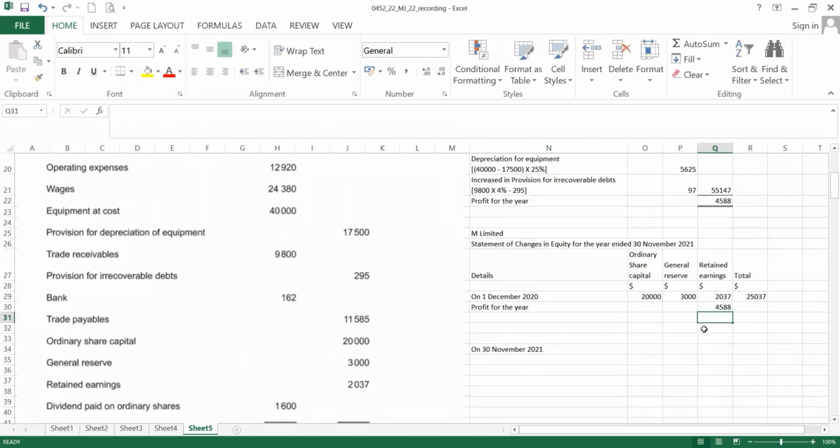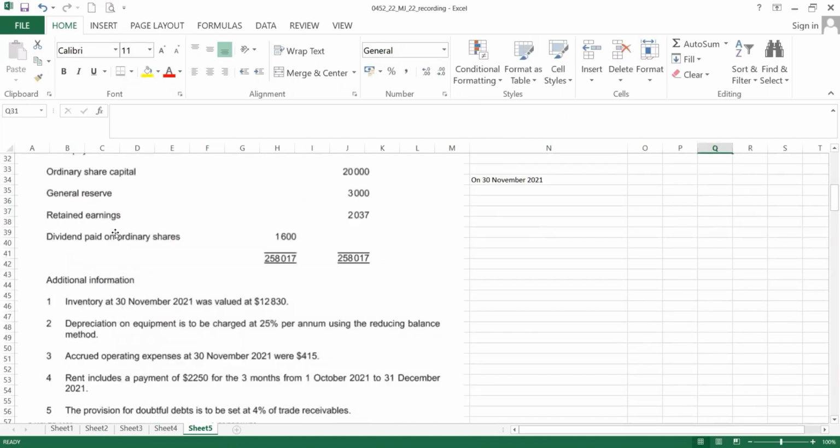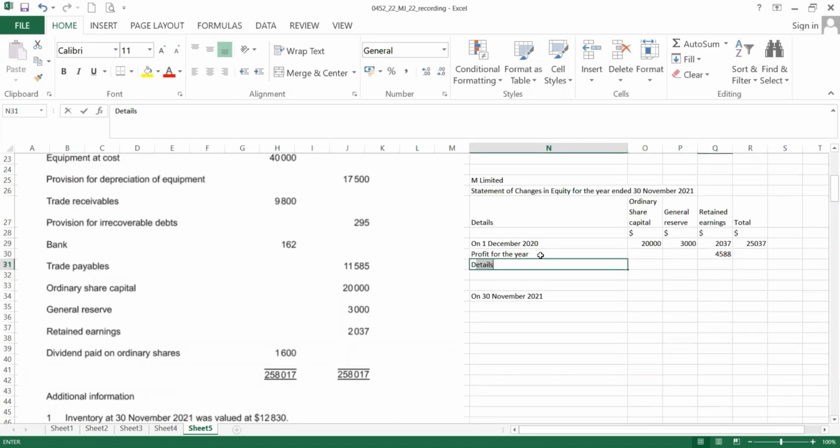Okay, and then dividend pay. They have dividend pay to the ordinary share, which is the minus. So we have to put minus 1600. This is to minus.